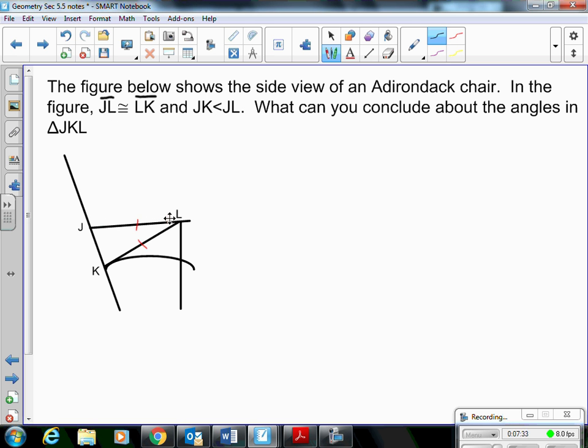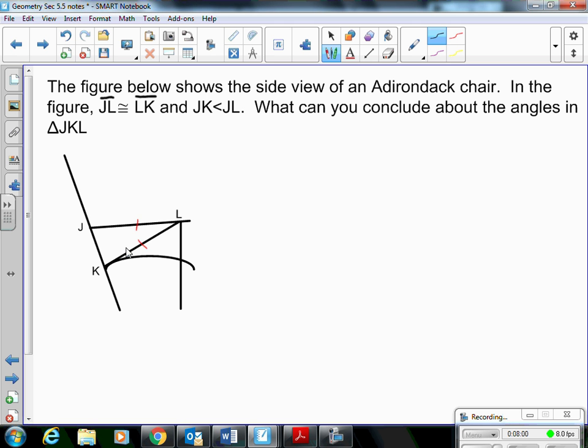It says that JL and LK are congruent, and that the length of JK is less than the length of JL, which would also mean that if JL and LK are the same, and JK is less than JL, then it's also less than LK.